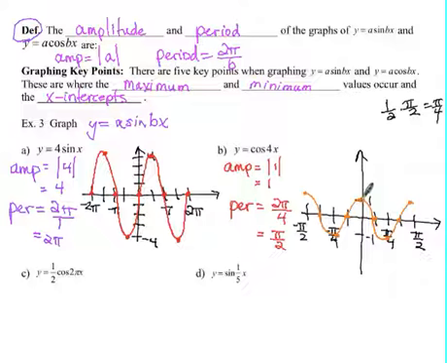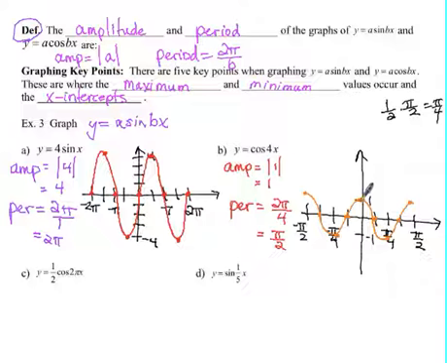Now what I want to point out to you is even though the graph looks identical right now to the parent function, it actually is not, because this is going on the x-axis from 0 to pi over 2. So if that's one period length from 0 to pi over 2, I want you to think a moment. If the parent function goes from 0 to 2 pi, how many of these cycles are inside 0 to 2 pi?